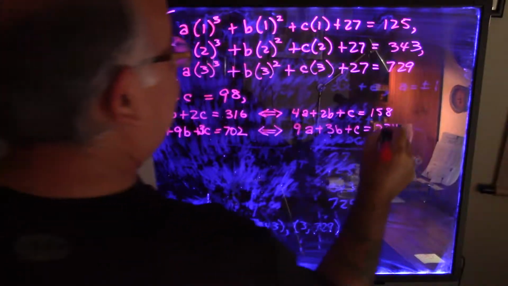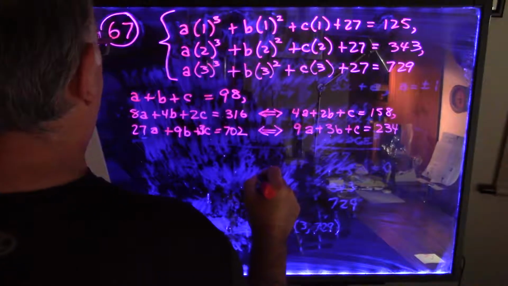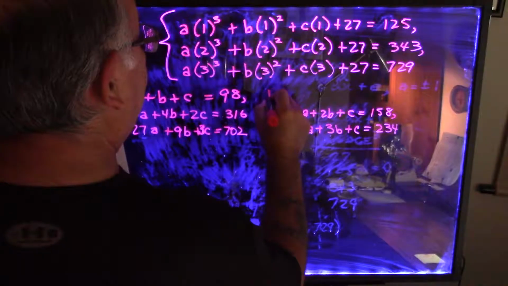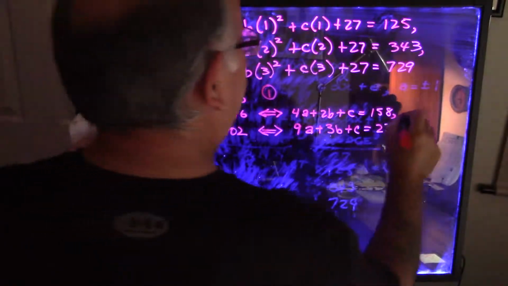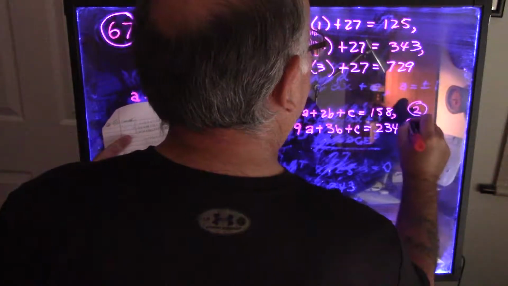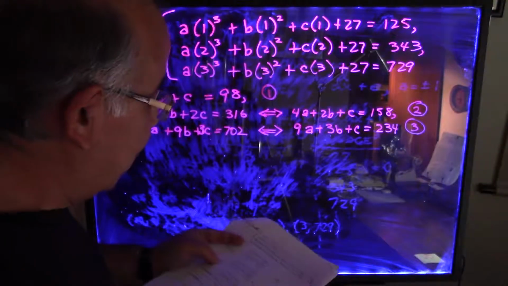To make it as easy as possible to follow, I'm going to label these three equations: equation 1 encircled, equation 2 in a circle, and equation 3, so we can keep track of what's going on.